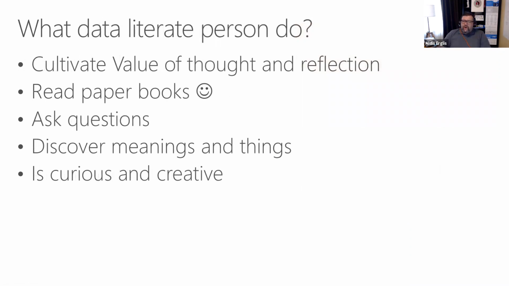If we try to combine everything, what does a data literate person do? If we pretend to be so, it means that we have these qualities and use them in our everyday data analysis practice. First, cultivate the value of thought and reflection. As some philosophers say, philosophy is thinking about thinking.